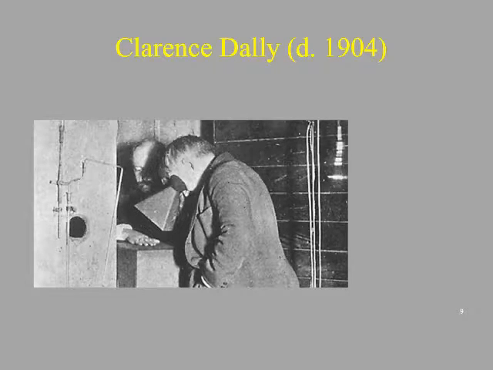Clarence Dally, Thomas Edison's lab co-partner and one of his best friends, is the first documented radiation fatality. There were probably radiation fatalities prior to this, but he's the first one that we have on the record books, in 1904. That's less than a decade after the discovery.